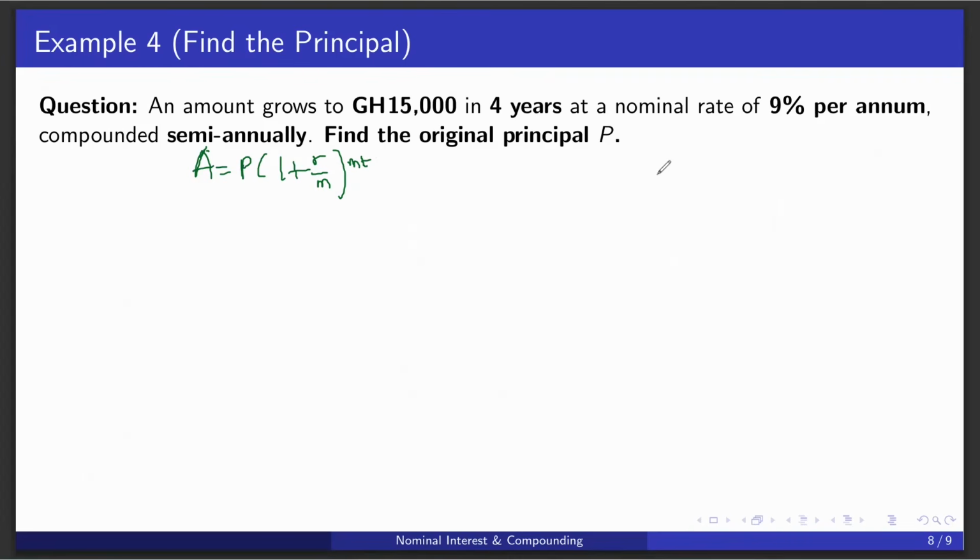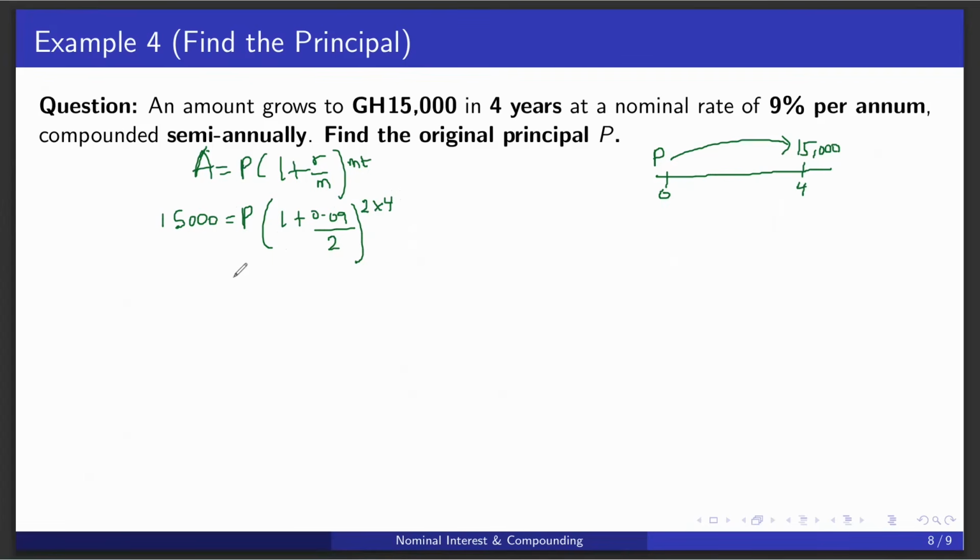If you draw a timeline like this, we are here today, time 0. This is time 4. Now, there's an amount here, P, we don't know. It will grow to 15,000 in 4 years. So the 15,000 we have is our A. And that's equal to P, which we don't know, times 1 plus R is 9%, so 0.09 over M. This is compounded semi-annually, so M is equal to 2, to the power 2 times T, which is 4.